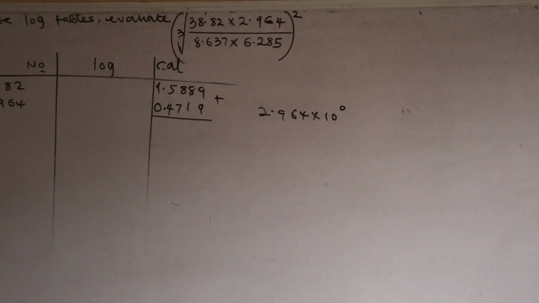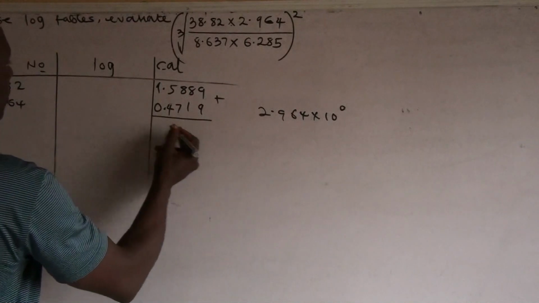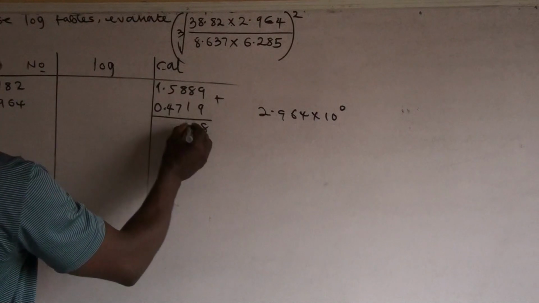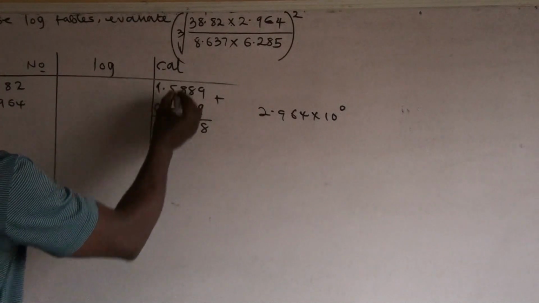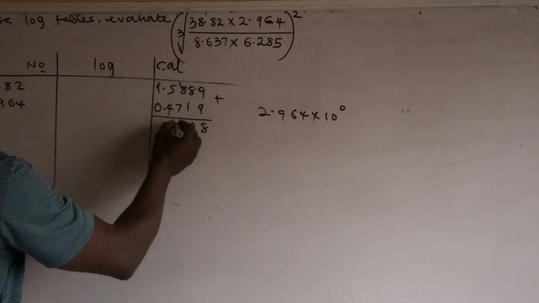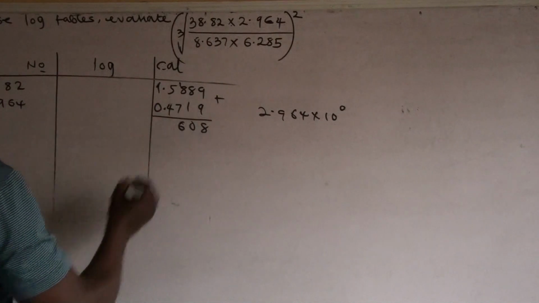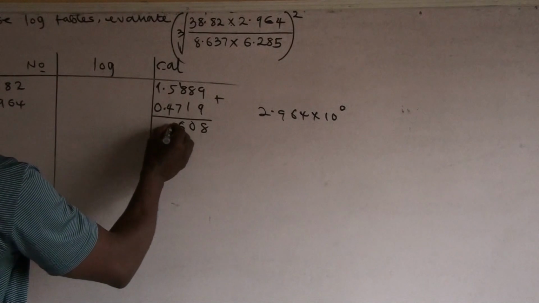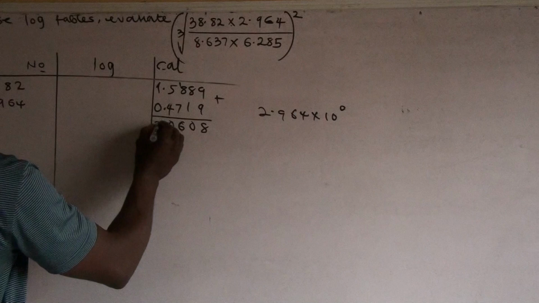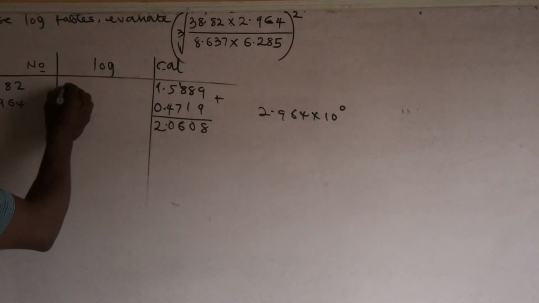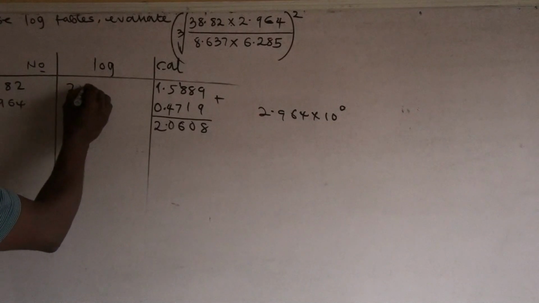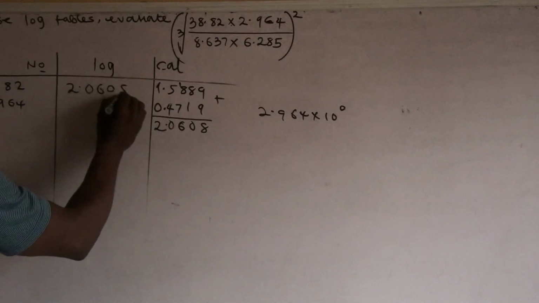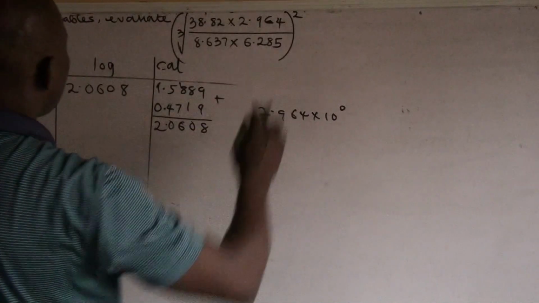So we do the adding, and this will give us 2.0608. So we're done with the numerator.